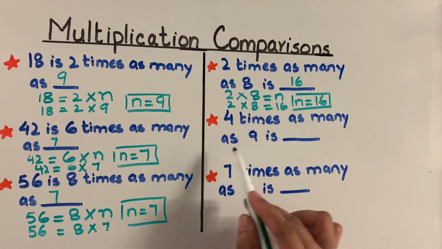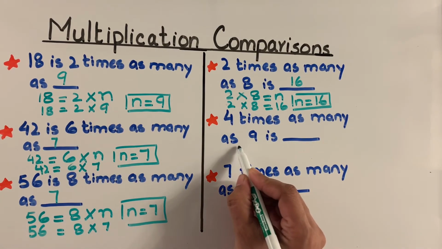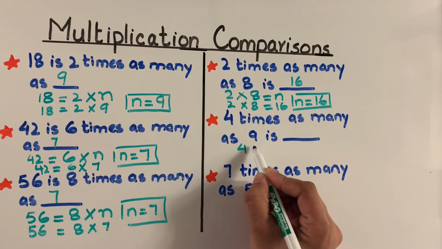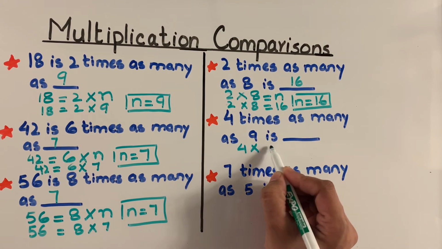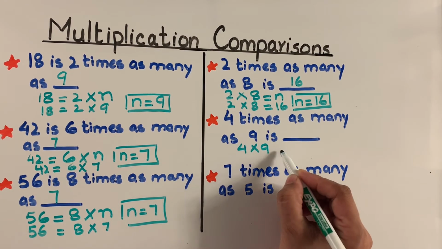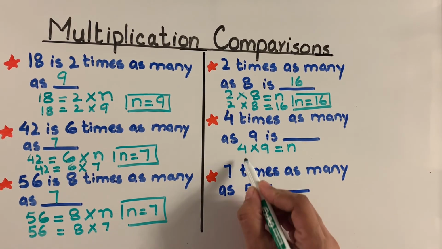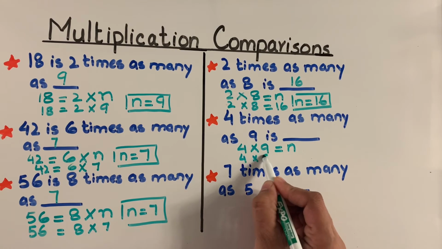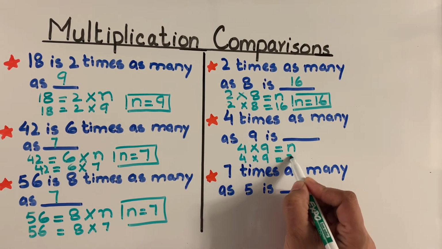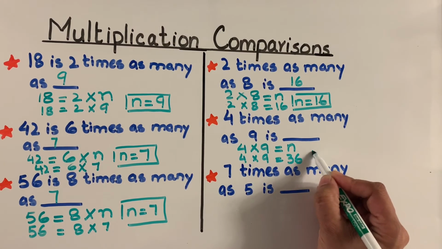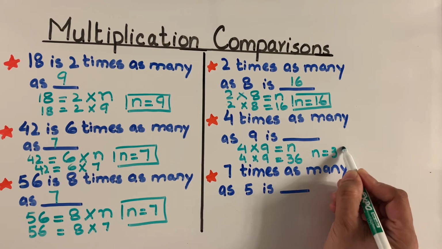4 times as many as 9 is. First write it in the form of an equation. 4 times as many as 9 is means equal. So what we have here, we all know that 4 times 9 is 36, and n is 36 here.